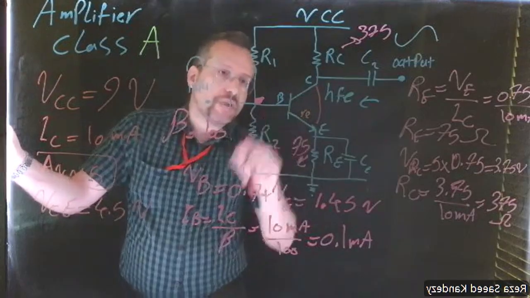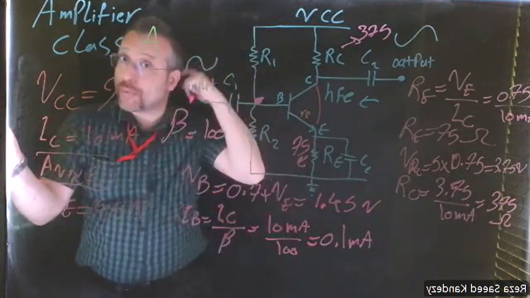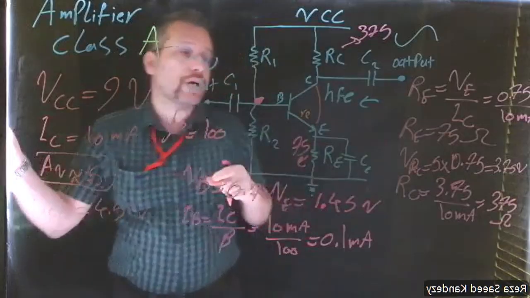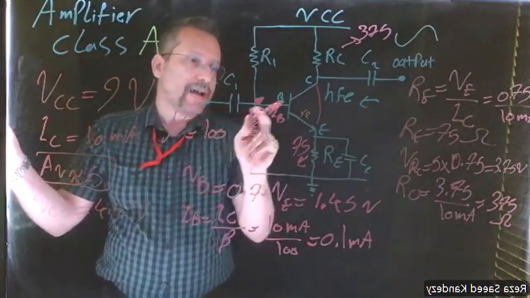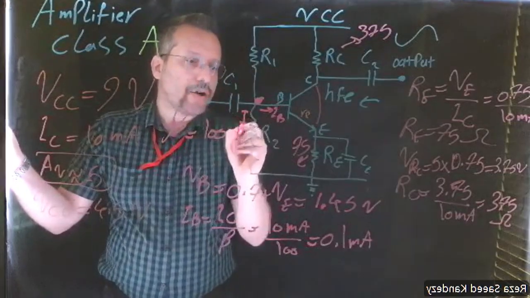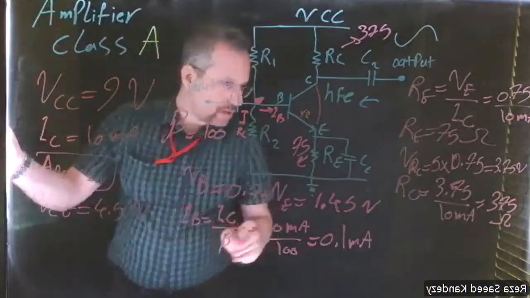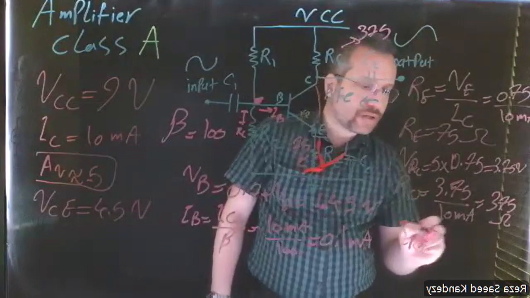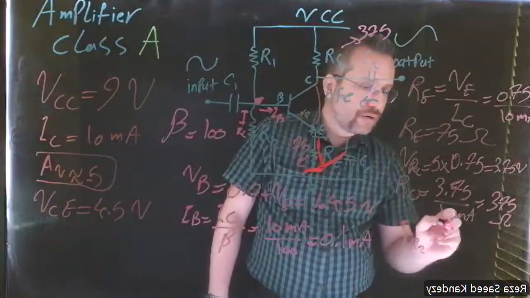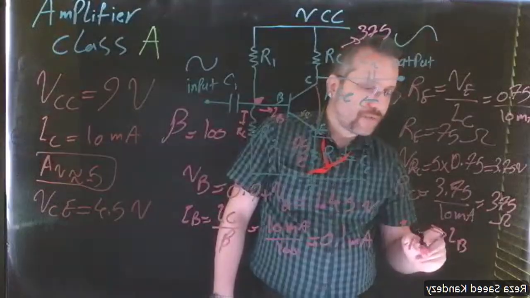Now, in order to have a perfect biasing, this is the IB, we want IR2 to be significantly bigger than the base current.